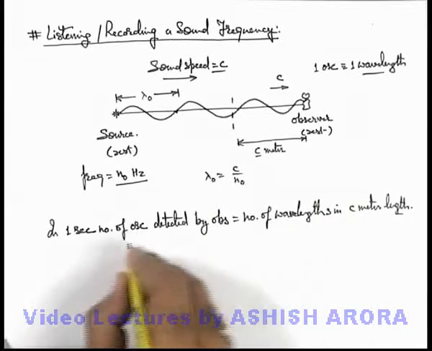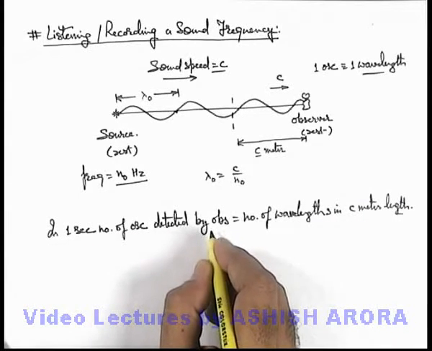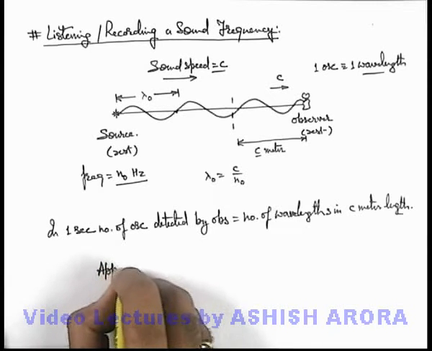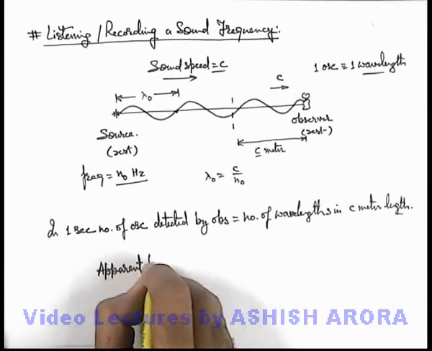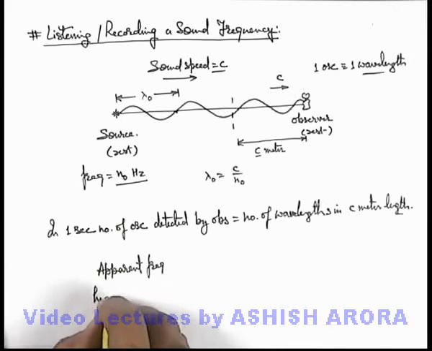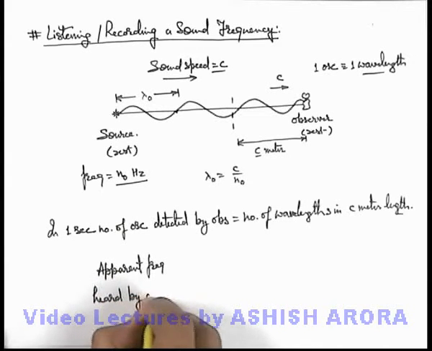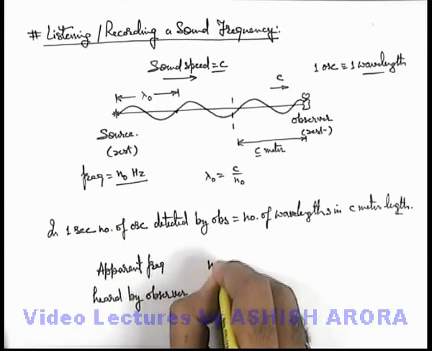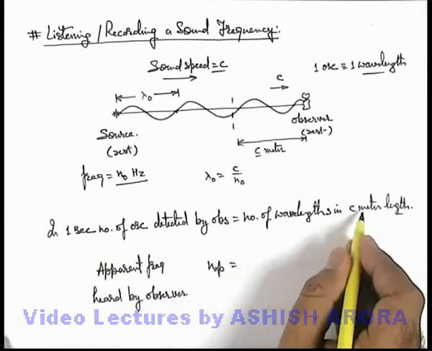Now in this situation, the number of oscillations detected by the observer in 1 second can be written as the apparent frequency heard by the observer, and this can be written as n apparent, which is equal to the number of wavelengths in c meter.